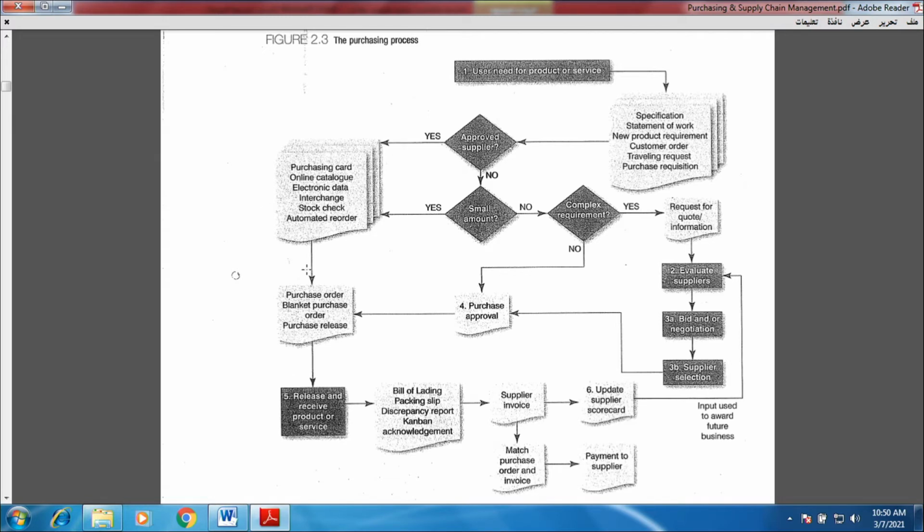Think about the stock check. We can go to our inventory and check our stock, the available stock of goods. Think also about automated reorders. Some systems do the reordering automatically when the inventory level reaches a very low or small level. This usually happens with supermarkets.